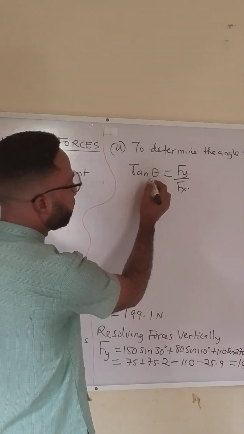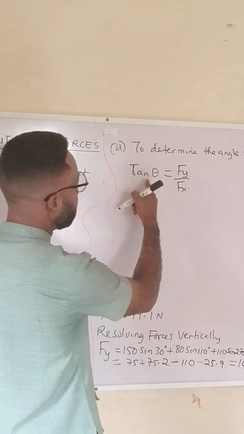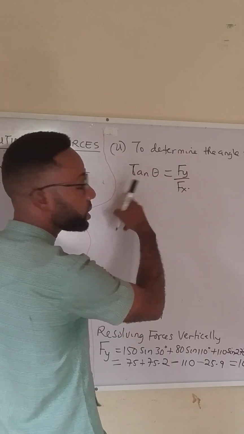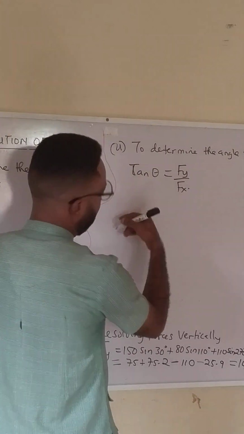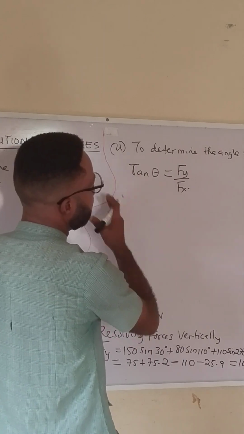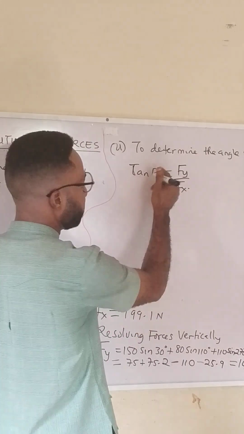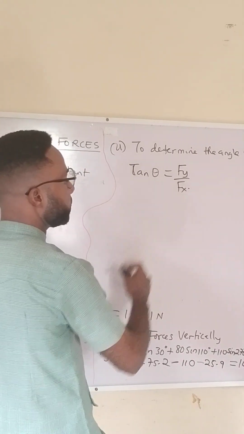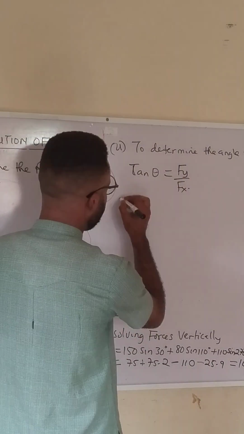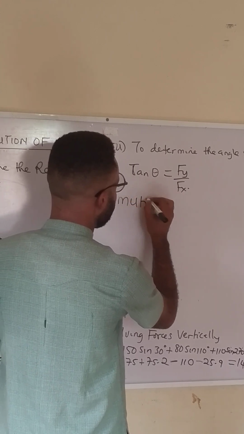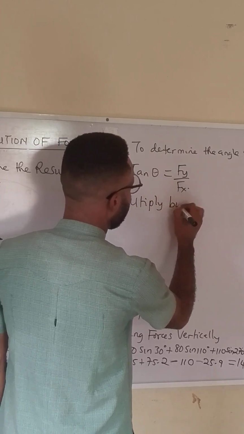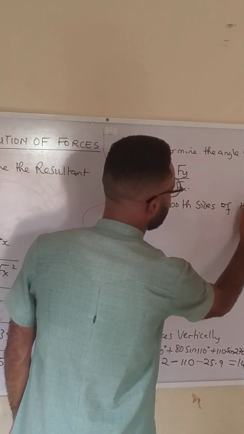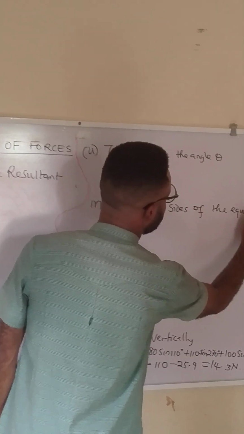Since we are looking for theta, we divide both sides by tan. Or if you don't want to say divide both sides by tan, we can say multiply both sides of the equation by 1 over tan. So let's use that one.